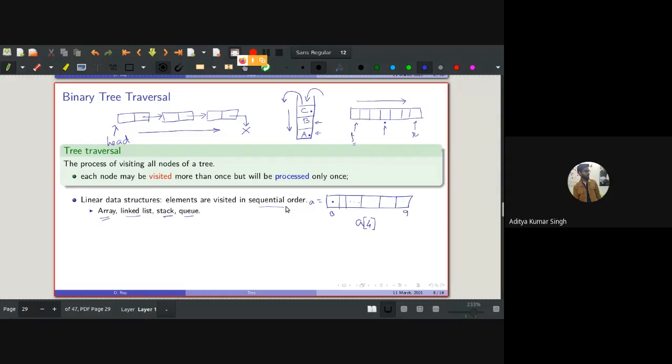In order to visit the fourth element, we have to first pass all the elements 0 up to 3, and only then access the fourth element. If we want to delete, we need to shift the subsequent elements and place them in the required order. But I can directly access A4 without accessing A0, A1, A2 or A3.